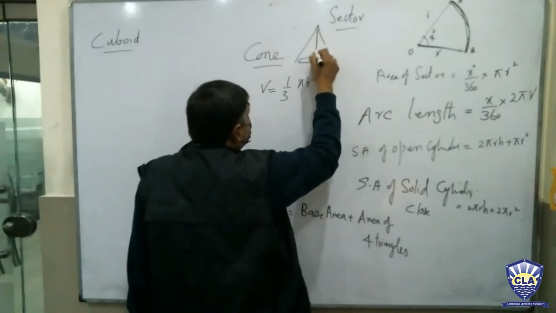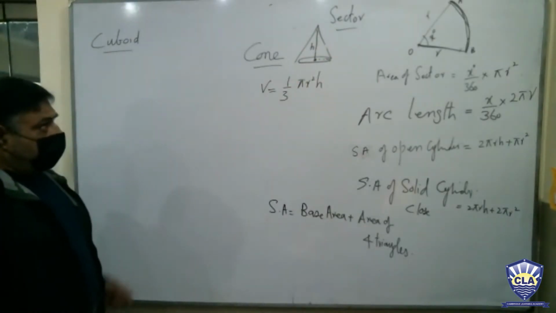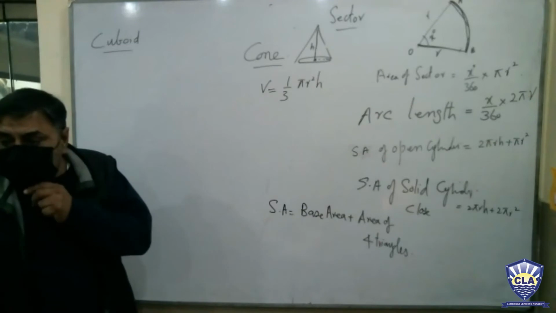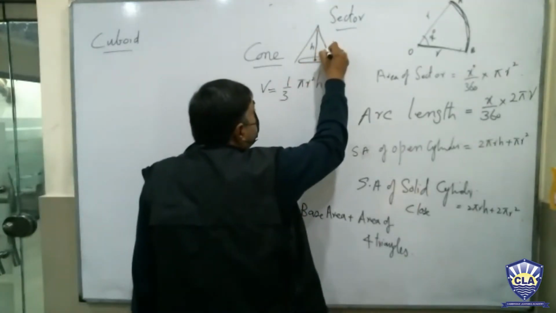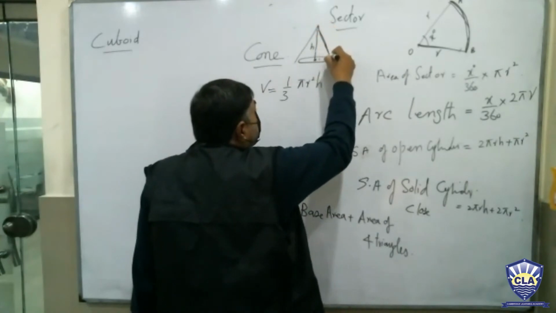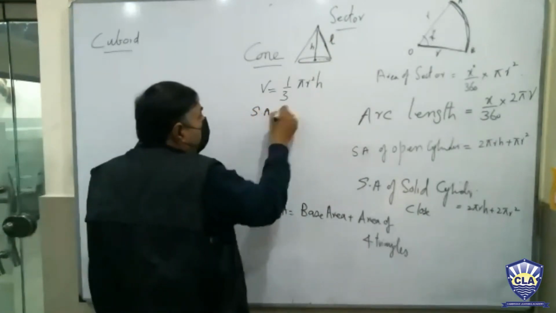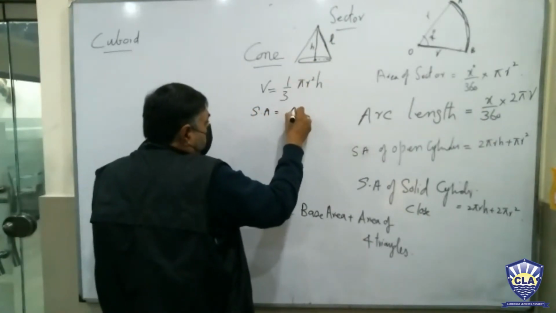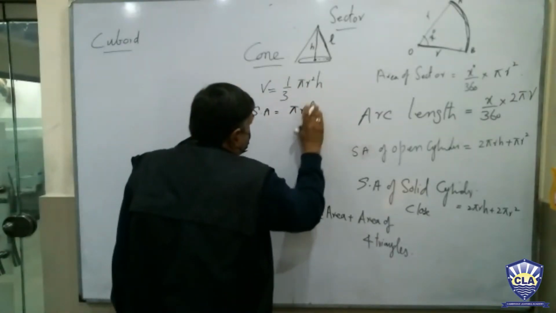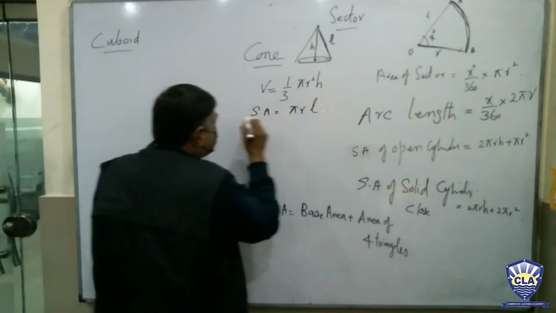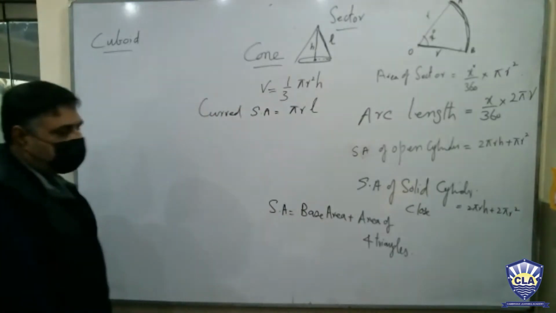If height and radius are given, you can find the slant height. Slant height is represented by L. So curved surface area of cone is pi r L.